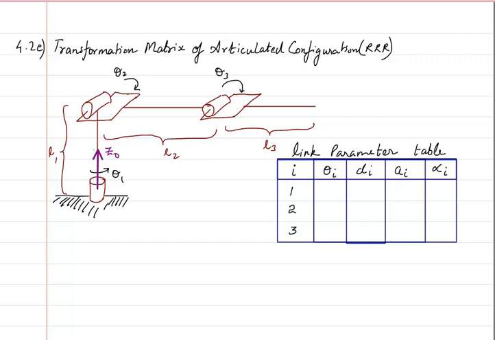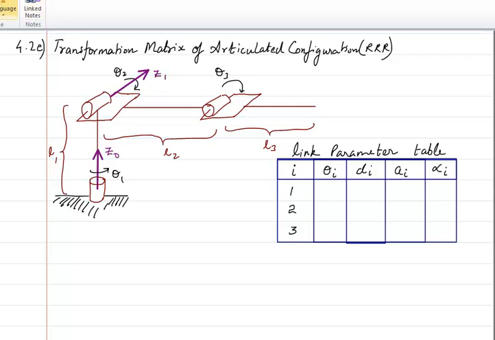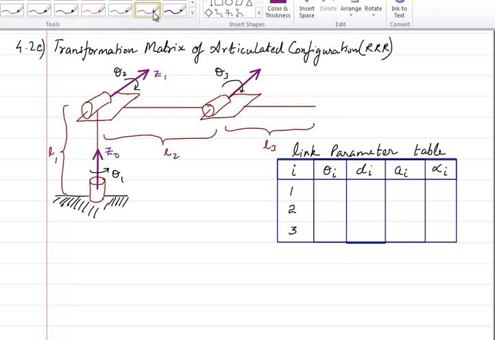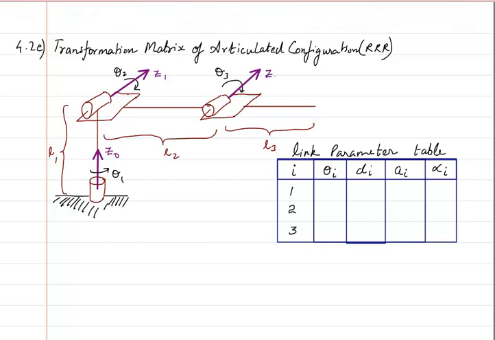Similarly, for the second case, I will draw the axis in this direction. So that will be Z1. Similarly, for the third joint, which is again a revolute joint itself, I will again draw the axis in this direction. So that will become my third axis, which again is going to be Z2.